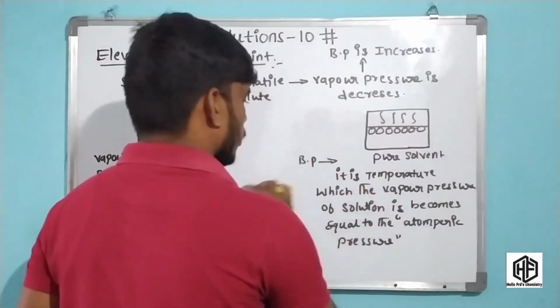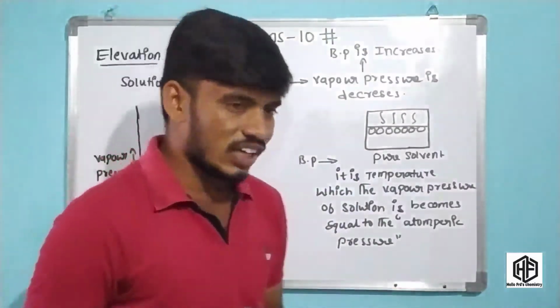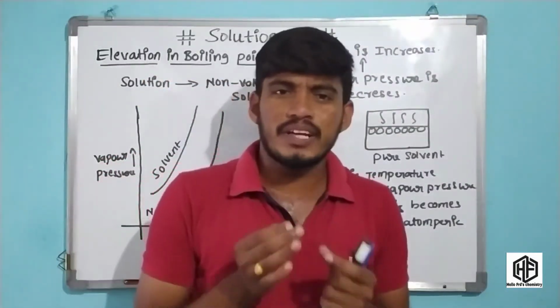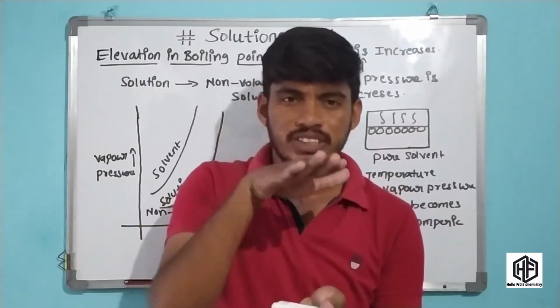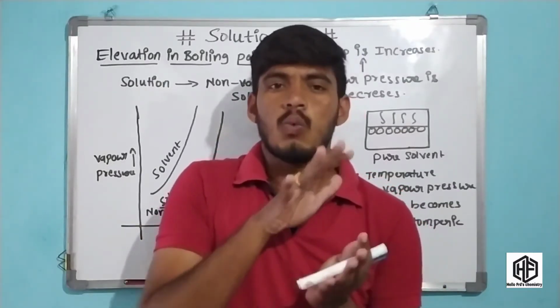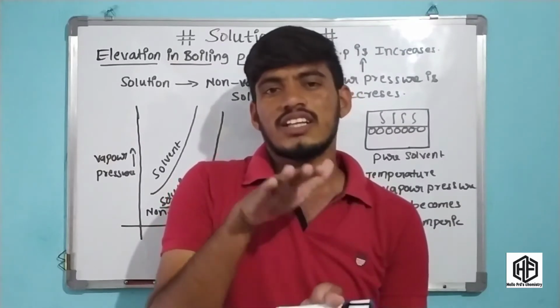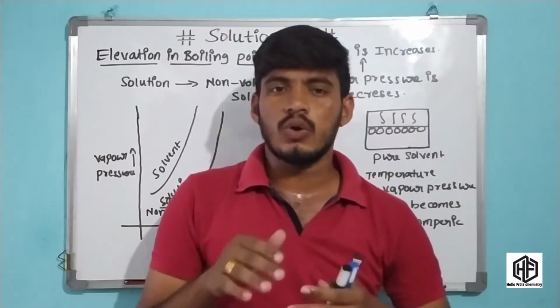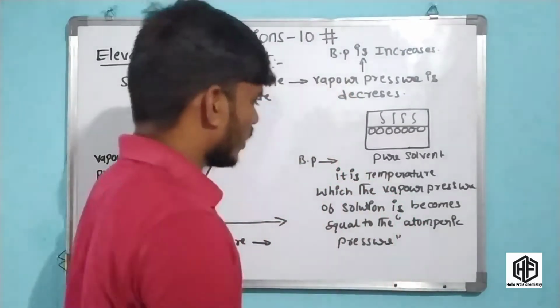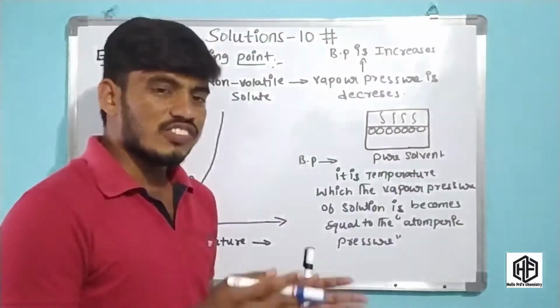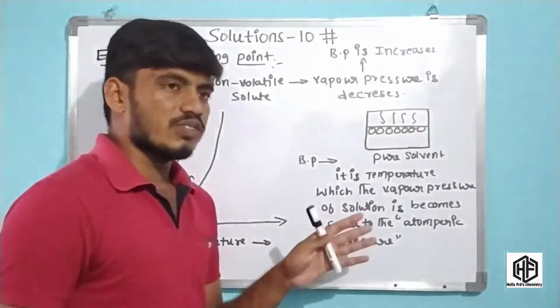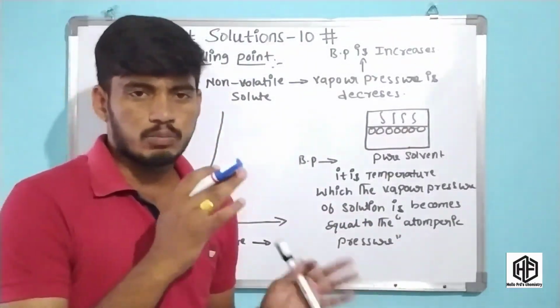What is the definition of the boiling point, friends? The boiling point is where the vapor pressure of the solution becomes equal to the atmospheric pressure.